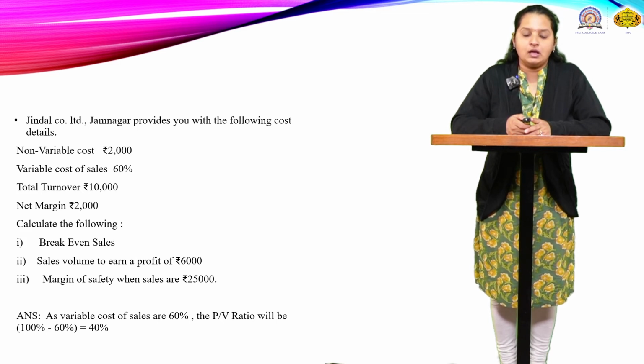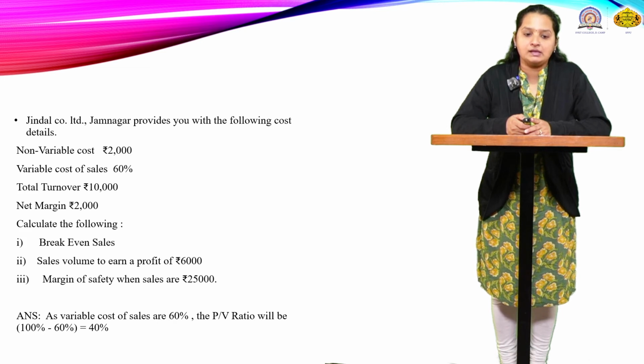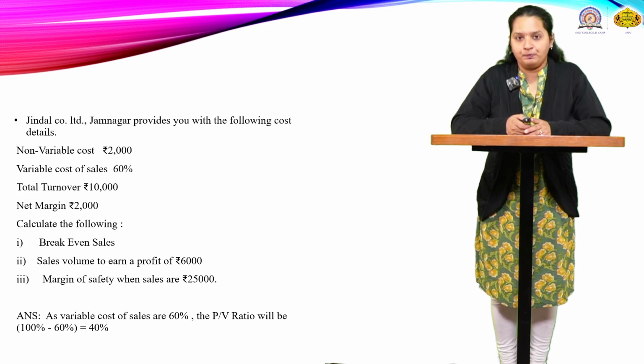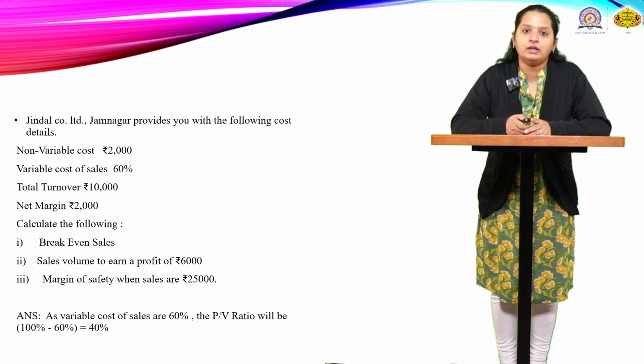So the answer is, we are required to calculate the variable cost. How can we calculate it? In our example, as variable cost of sales is 60%, then the PV ratio will be 100 minus 60%, that is 40%. How can we calculate the profit? We can calculate the profit by deducting variable cost from the sales.